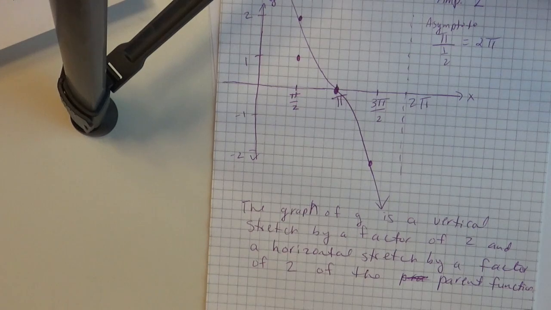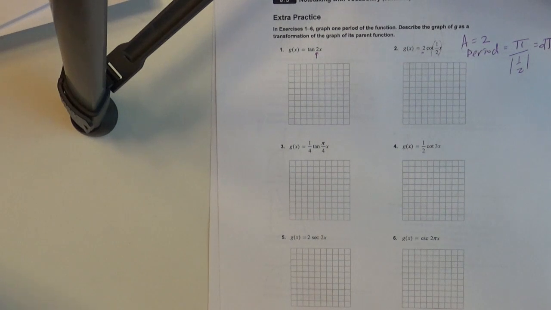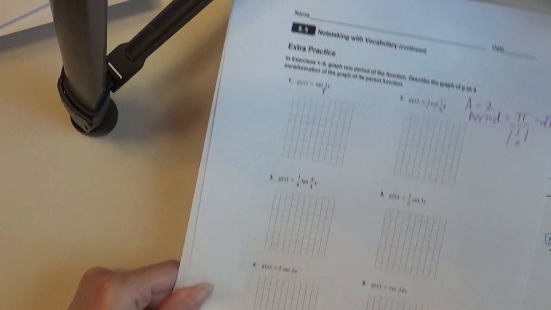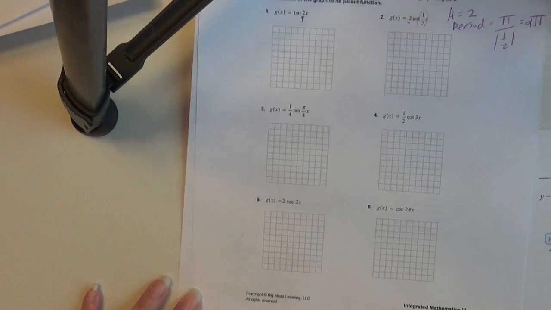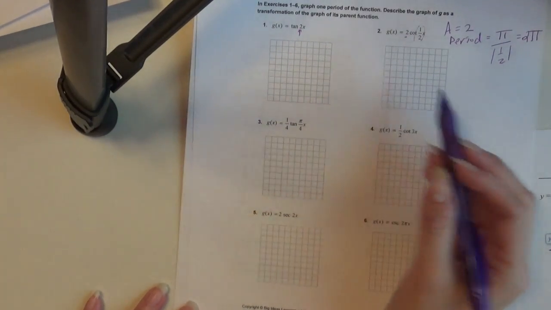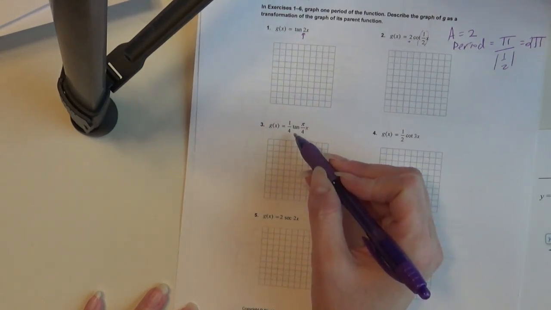Okay, next. I don't really feel a need to do 3 and 4. The only difference between 3 and 4 and the ones that we just did that I can see is that your amplitude is smaller than 1.